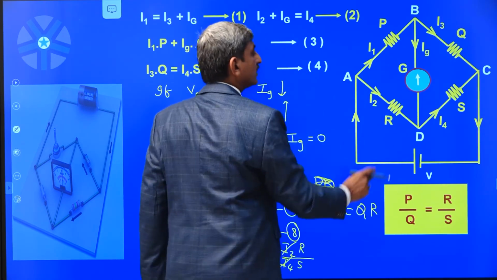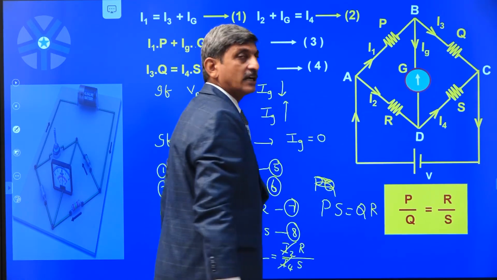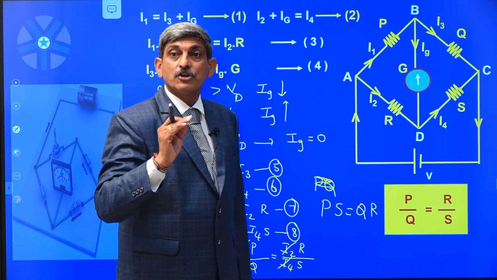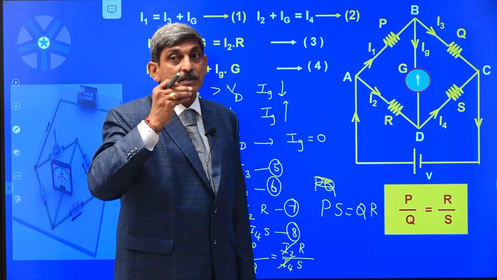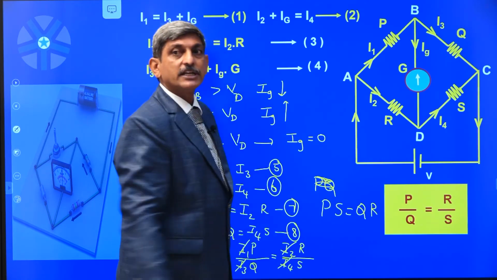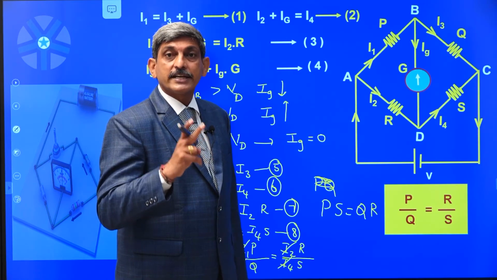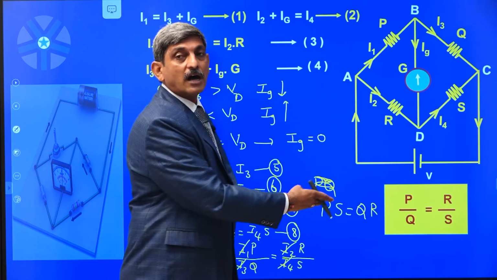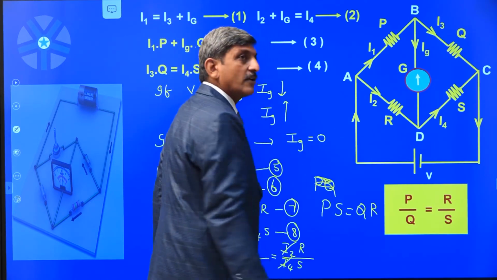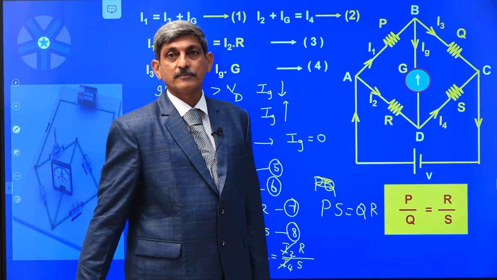What is this QR? Again, QR is also the opposite resistors in the network. That's why the balancing condition of the Wheatstone bridge can be remembered. It can be remembered by using this one also without any confusion. What is that? The product of the resistances connected in the two opposite arms are equal. So either by using this or by using this, we can remember the balancing condition of the Wheatstone bridge.